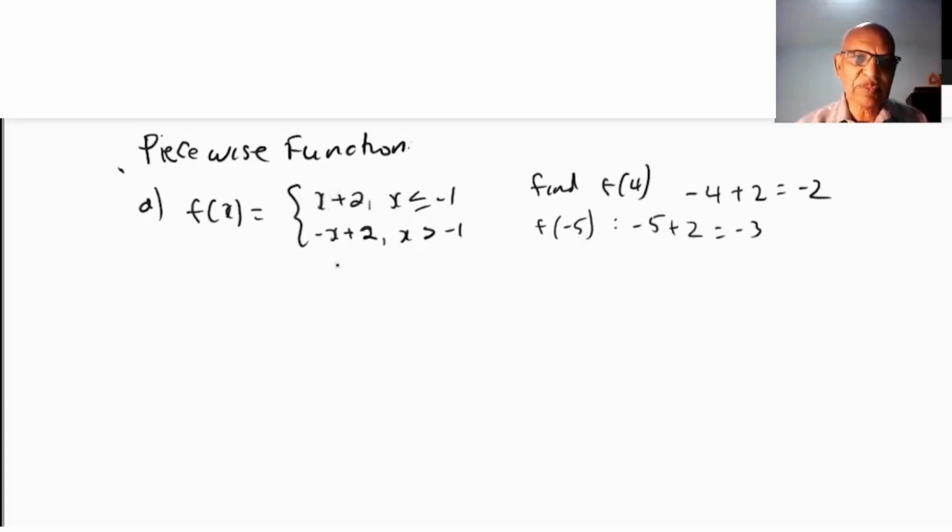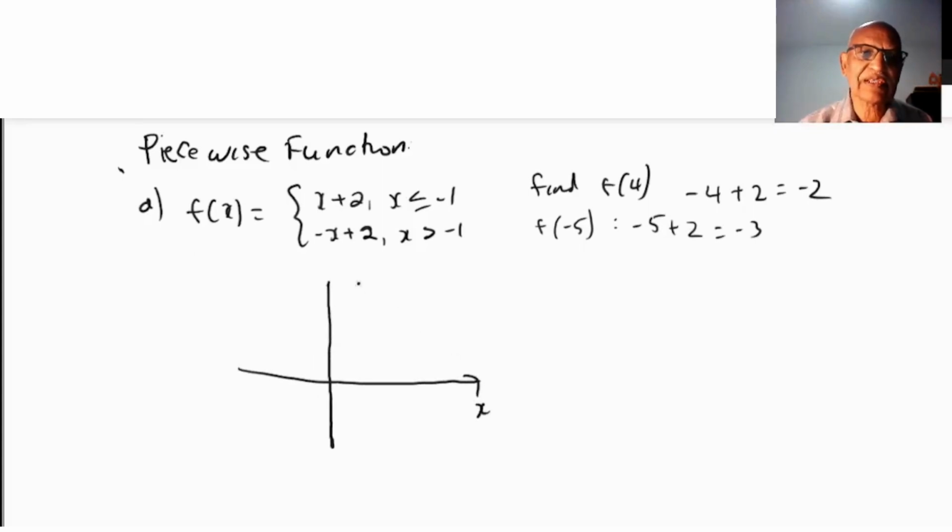That means we have two pieces of graphs. So x, this is f(x). The domain is x less than or equal to minus 1. So let's see the boundary for the first one. If x equals minus 1, minus 1 plus 2 is 1. Therefore, if x is minus 1, y is 1. Is that inclusive?